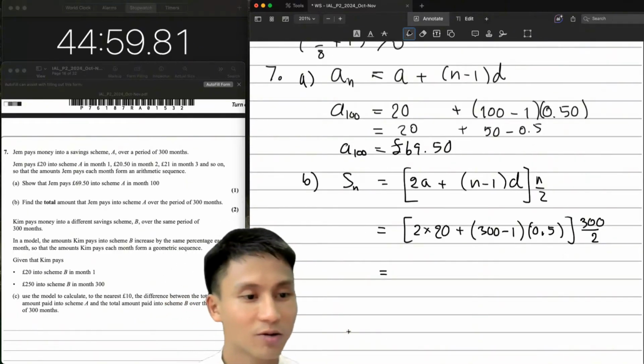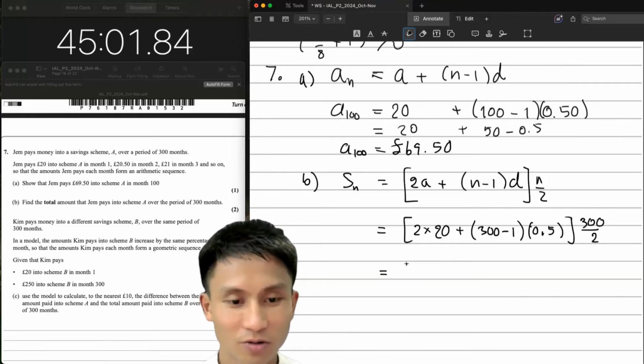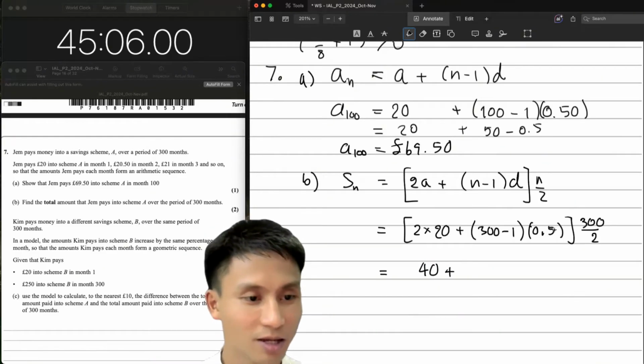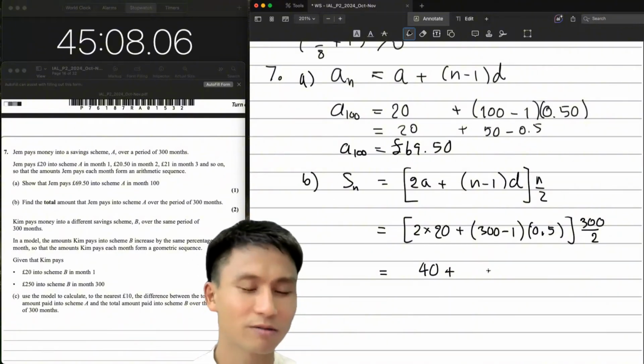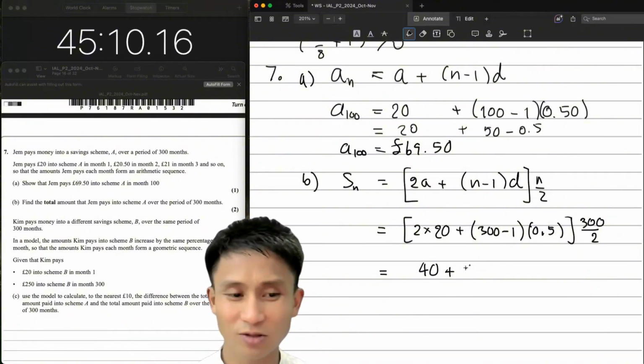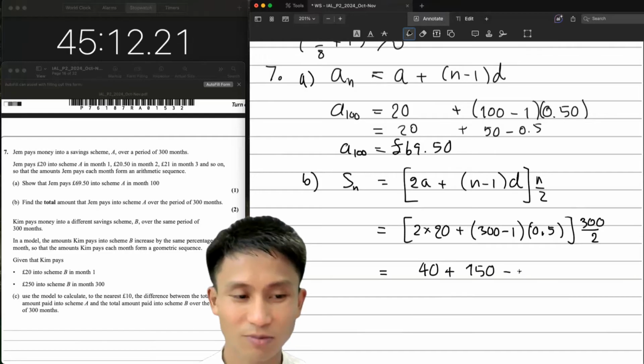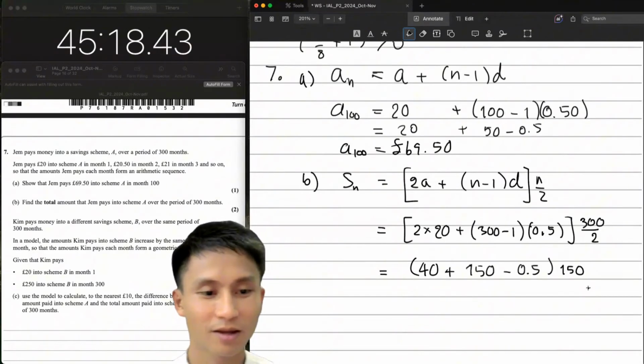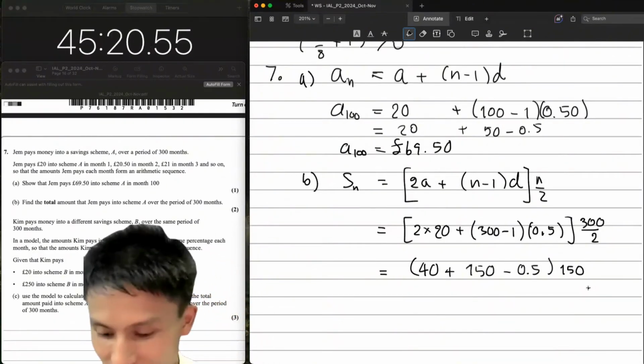So I may need a calculator here, or maybe I don't. Let's try that. So 40 plus 0.5 multiplied by 300, so you get half of that, so it's 150 minus 0.5. Just expand the brackets there, and this is 150. I probably need a calculator there, guys.